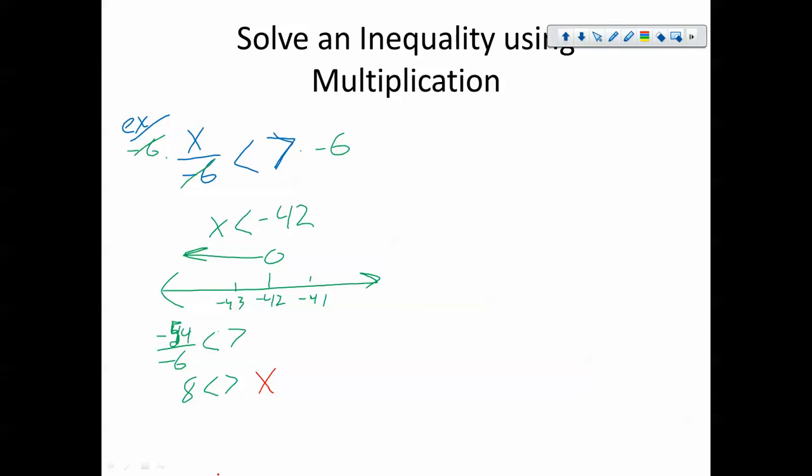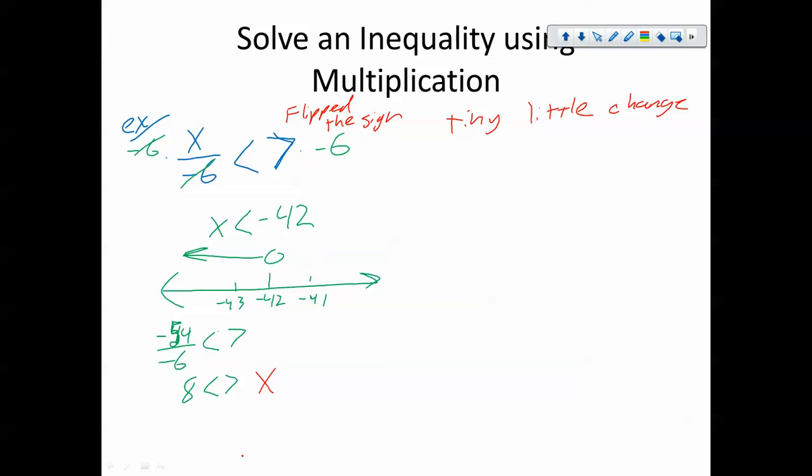What's this funny thing that happened? And here's the thing that's different. This is why solving an inequality is different than solving an equation. It's the one tiny little change. When we multiplied by a negative, we flipped the sign over here. Multiplying flipped the sign. And so this was no longer a positive over here, it was a negative.